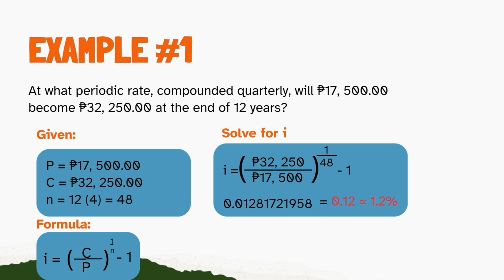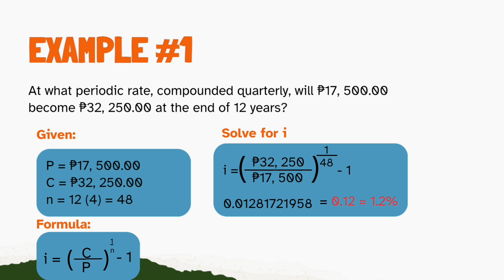Now let us solve for the periodic interest rate. So let's divide the compound amount and the present value: 32,250 divided by 17,500, raised to 1 divided by 48, minus 1. And we will get 0.0128172198.